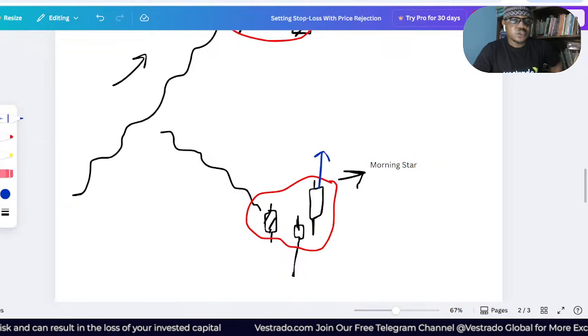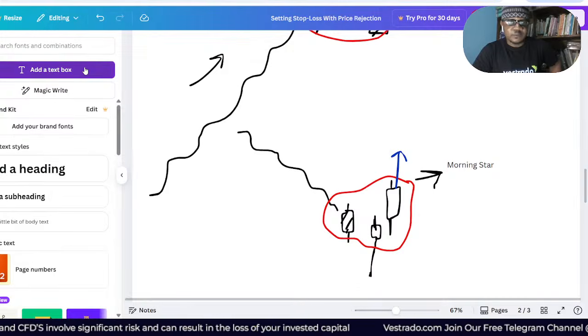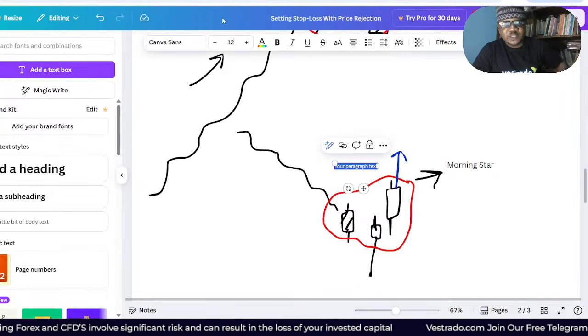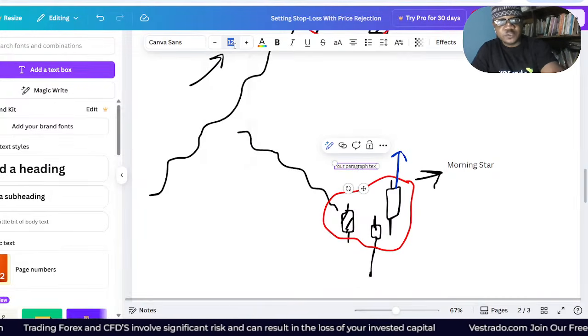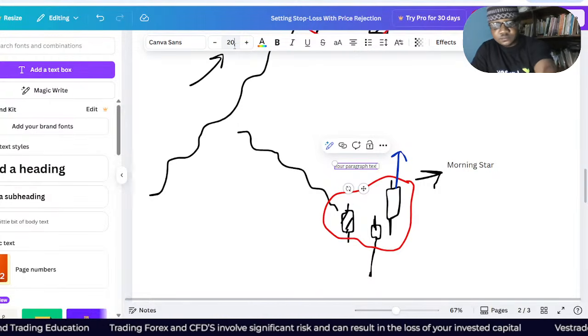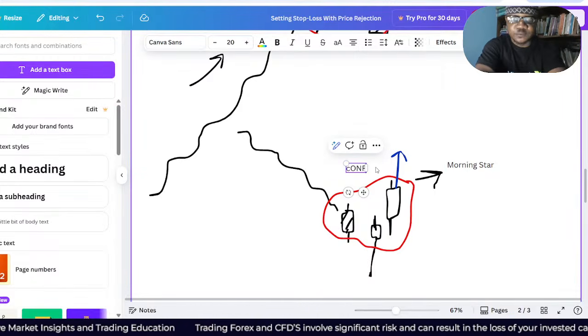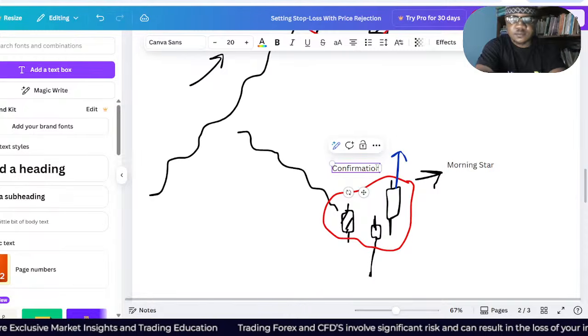In this case you want to read up on three candle patterns, wait for our lecture maybe next week or in 2 weeks' time, and I can tell you more about three candle patterns, how to trade them. But if you're my student right now, you're here on this training, you already know what I mean. So it's easy to get a confirmation candle for a three candle pattern.